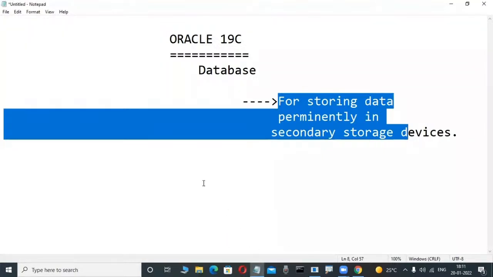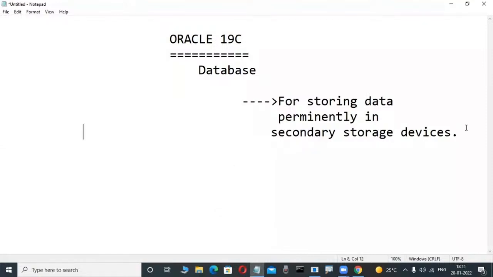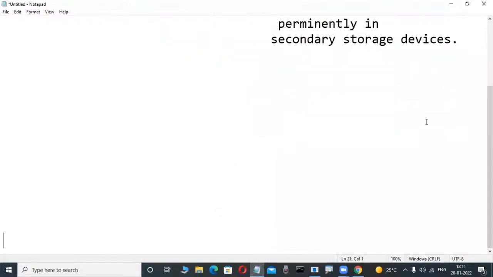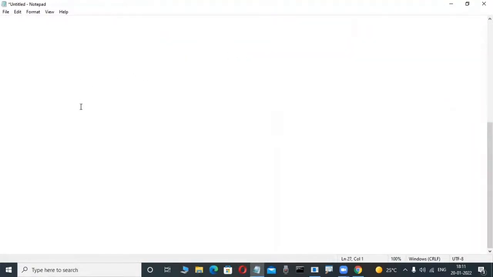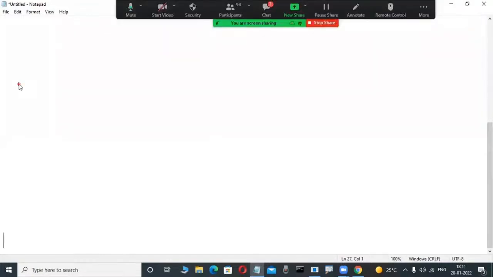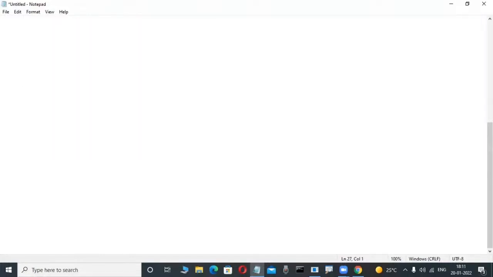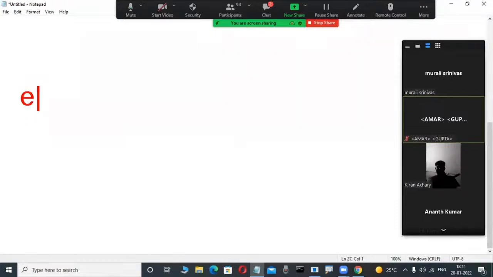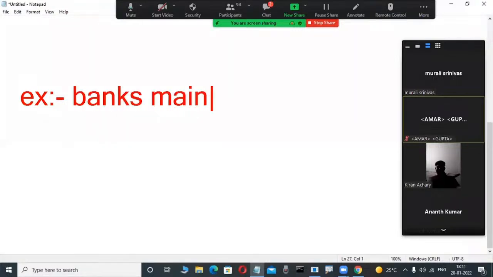Now check it out. Suppose you are a first-time newcomer, a non-technical person; it is easily understandable: every organization maintains a database. For example, take a bank. Banks maintain databases. What is the purpose?